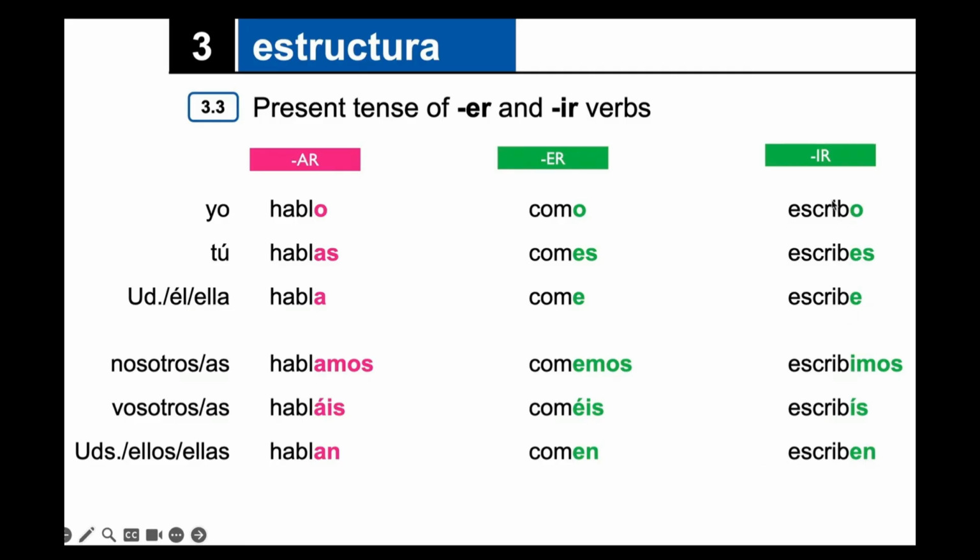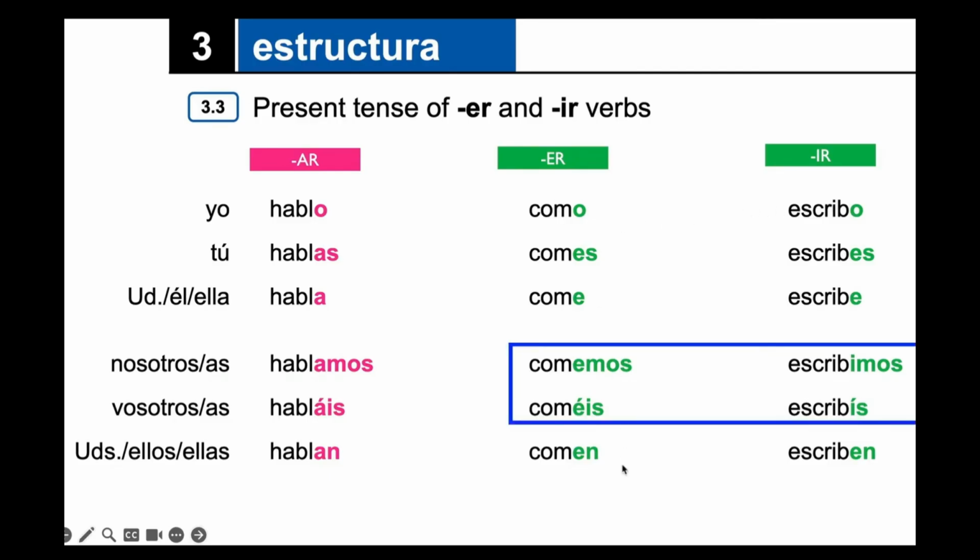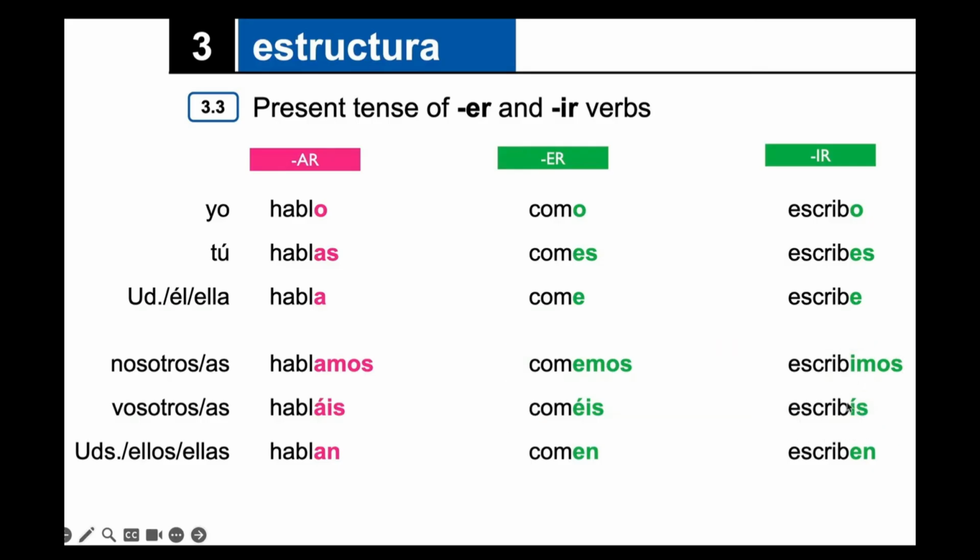So if you notice, they are the same exact endings as ER, except for nosotros and vosotros. For nosotros, it changes to imos with an I. And vosotros, it's ís, but we don't use vosotros in the class. So you can just ignore this one.